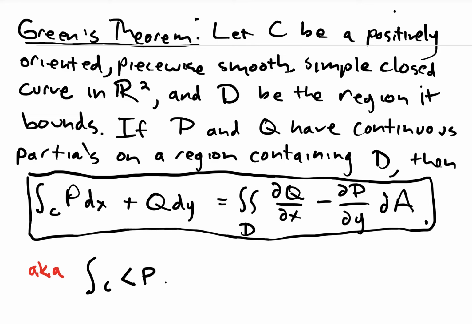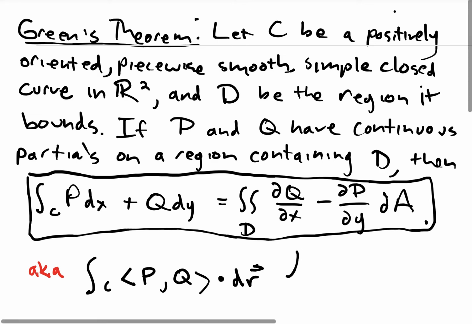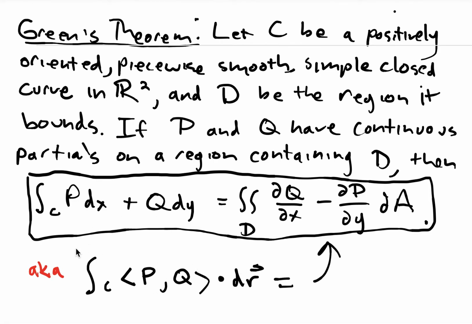We are working with two-dimensional vector fields here, so whether you see this as P dx plus Q dy or P, Q dot dr, these give you basically the same thing. Both of these expressions represent the same vector field line integral on the left-hand side. We can rewrite these in terms of double integrals instead.